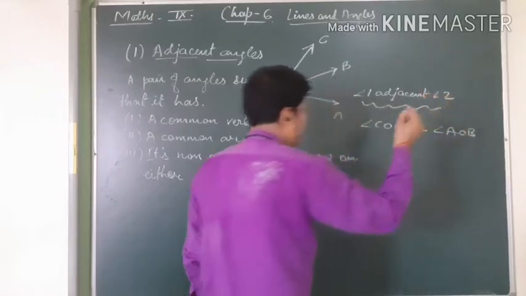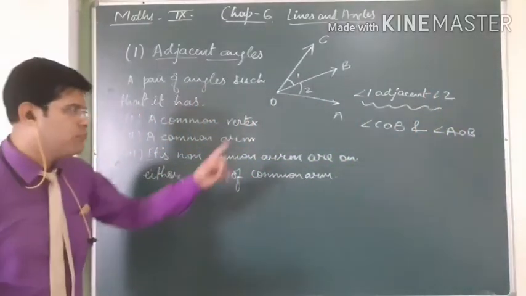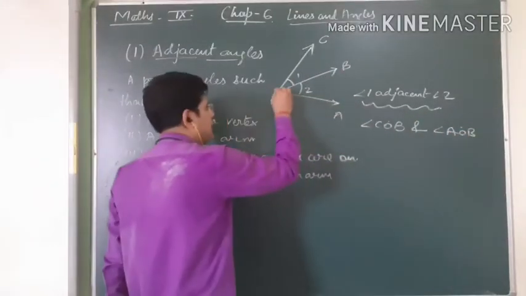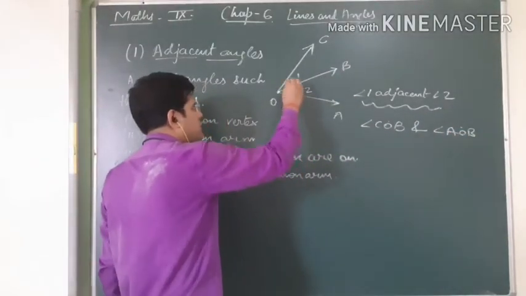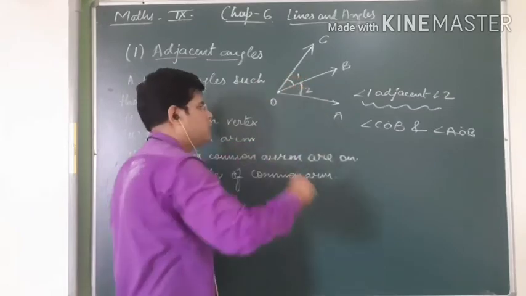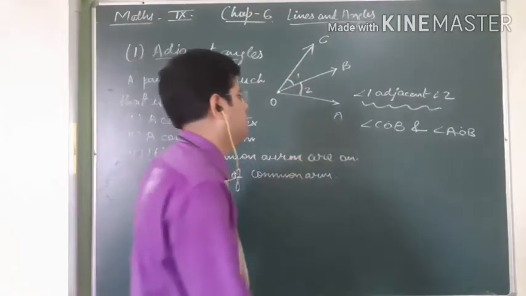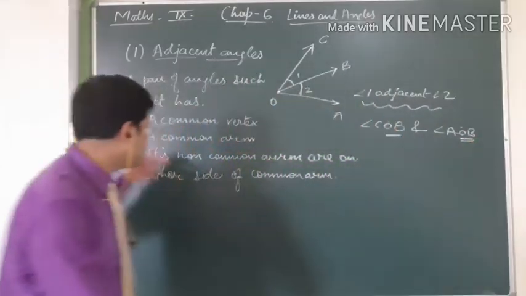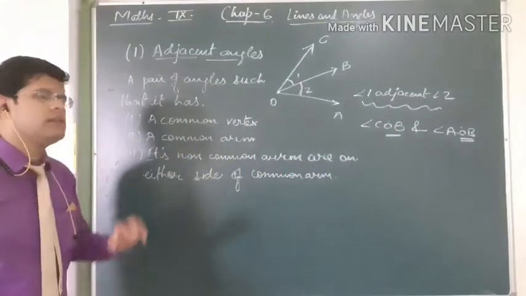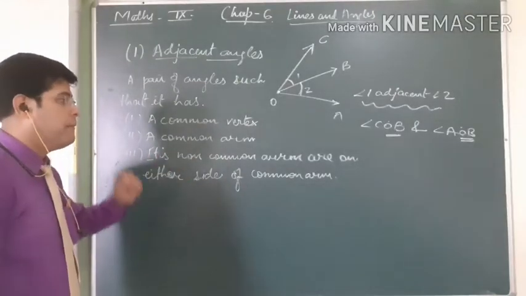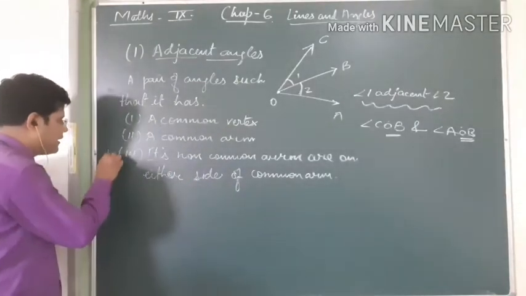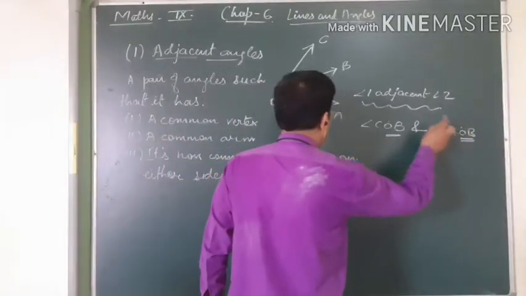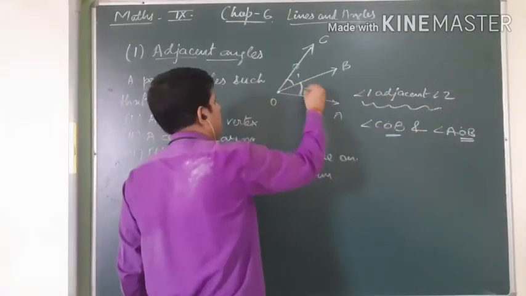O is the common vertex for both angle 1 and angle 2. Now, which one is the common arm? OB. These two properties may be equal in other pairs of angles, but the third property is unique: the non-common arms. COB and AOB have two non-common arms, OC and OA.